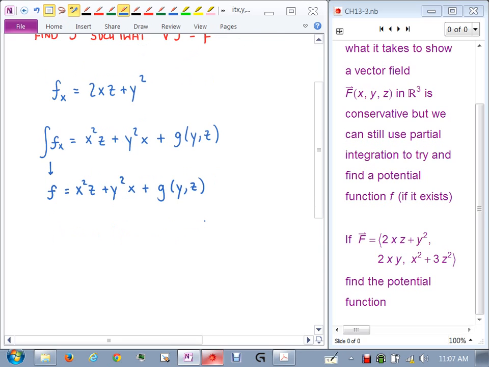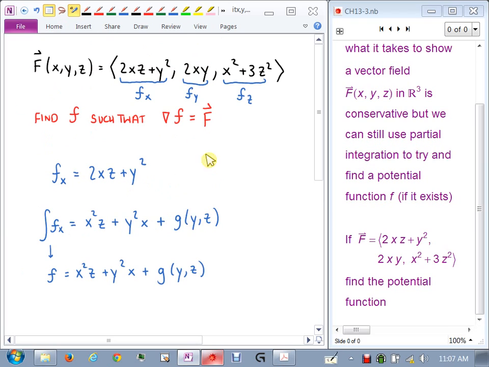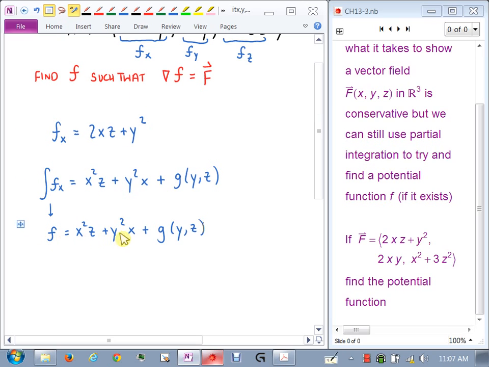Now what we did was we said, all right, well, I know now this piece, 2xy, must be the partial of f with respect to y. So I'm going to come down here and I'm going to take the partial of f with respect to y on both sides. So what is the partial of f with respect to y of this right here? Well, the derivative of x squared z with respect to y is what? 0.